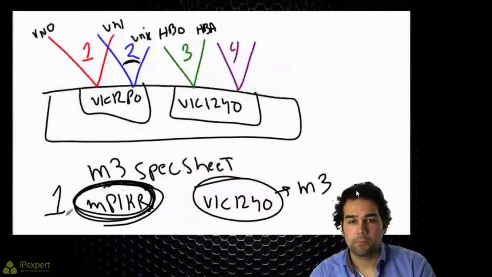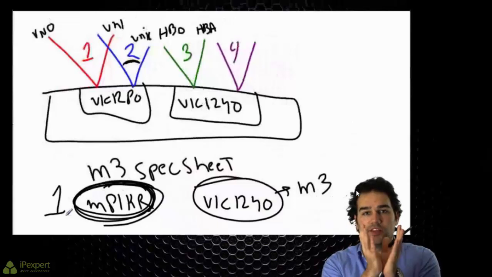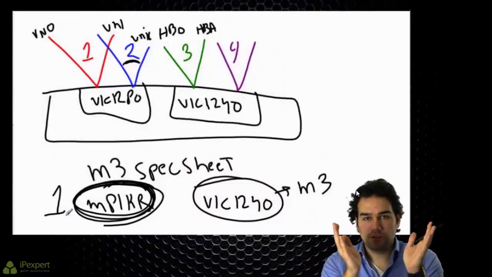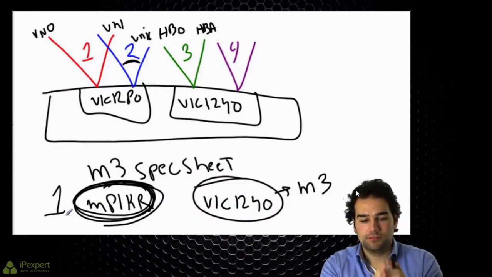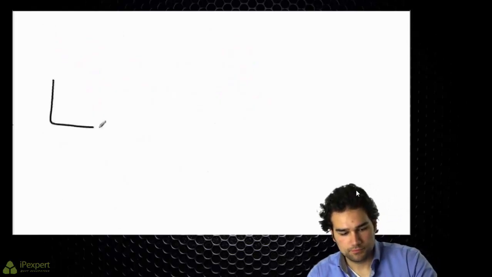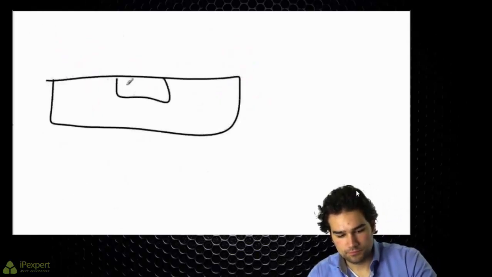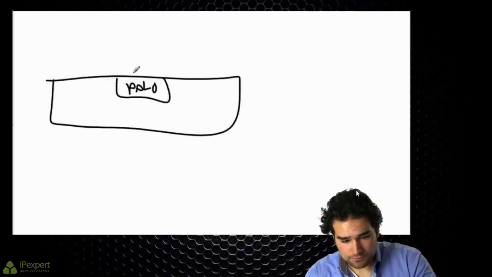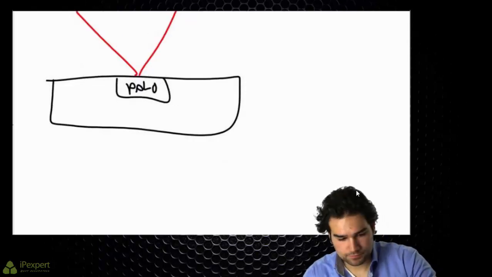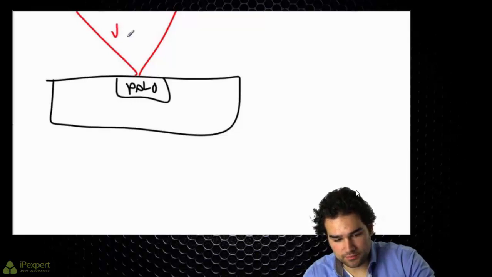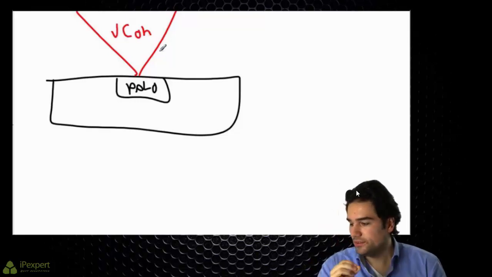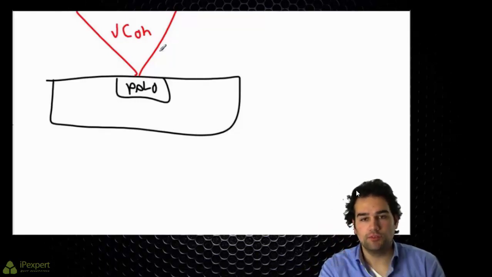Just one. It has 10 gig left, 10 gig right. 10 gig left, 10 gig right combined is a vCon. So on the M81KR, I only have one vCon.